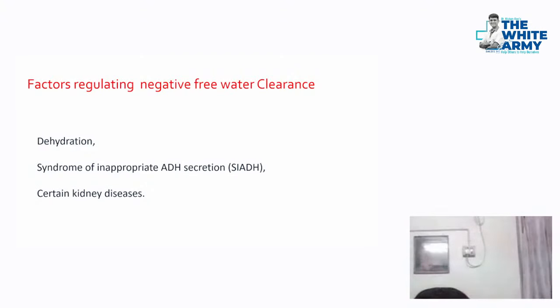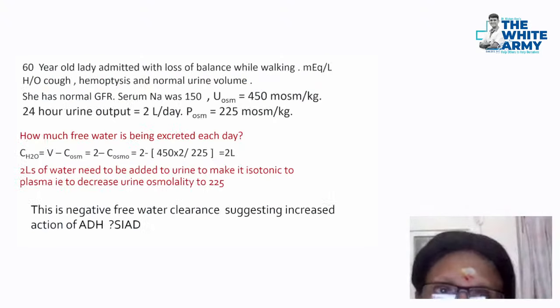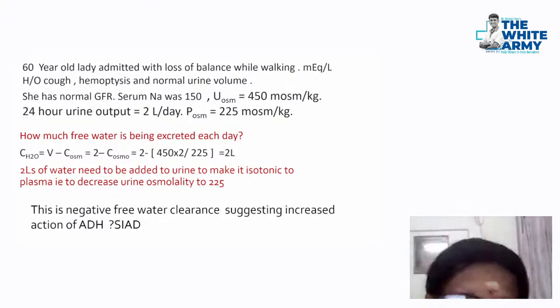If it is positive, you have to look for more water in the urine. If it is negative free water clearance, less water in the urine. So the causes depend on the situation. So let us see a problem now.